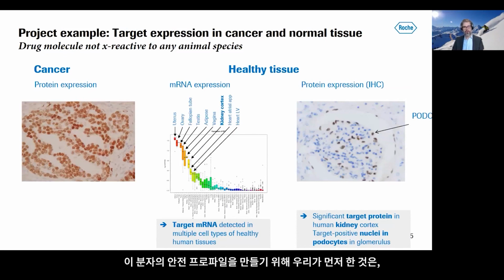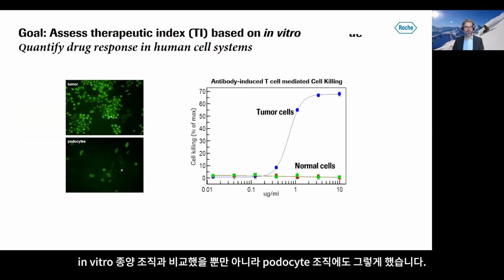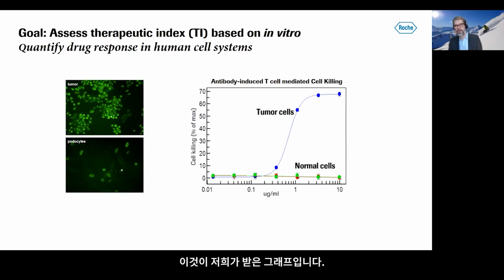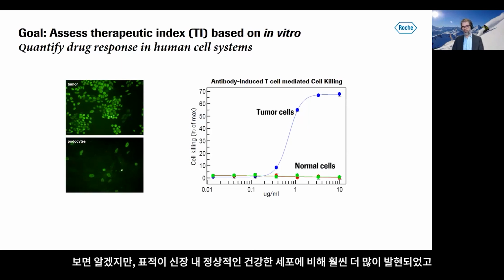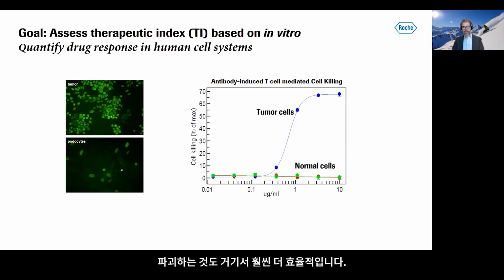So in order to establish a good safety profile of this molecule, what we first did is just compare, of course, the tumor tissue in vitro, but also the known podocyte tissue. This is the graph we received. And as you can see, because the target is much more highly expressed on the tumor as compared to normal healthy cells in the kidney, killing is much more efficient there.